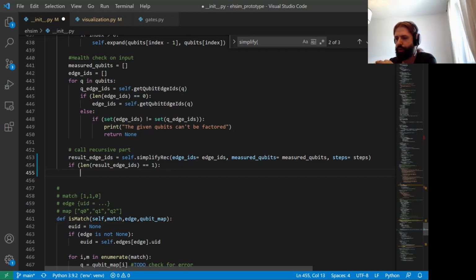But it can be the case that we've got edges that can't be simplified, but we have qubits that have the same value all over the place. And that would include this case as well, right? Because it means that there's just one edge, and so each qubit has the same value for all edges, so it should be moved away from the edge and put into the system.